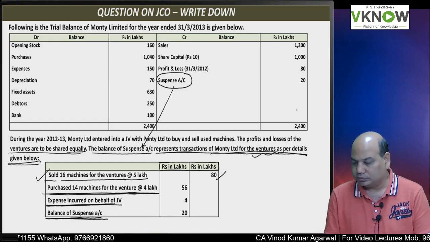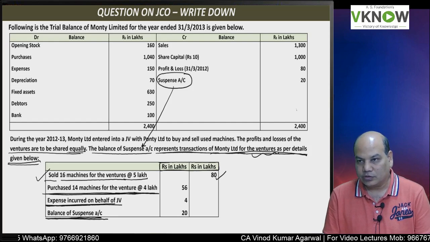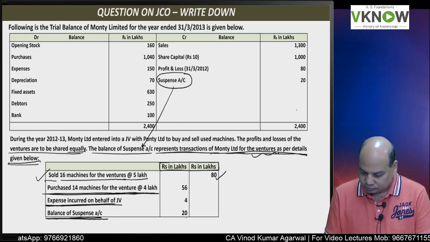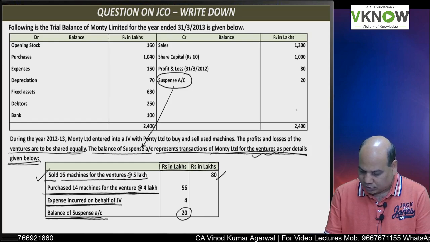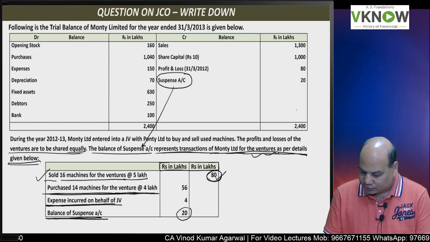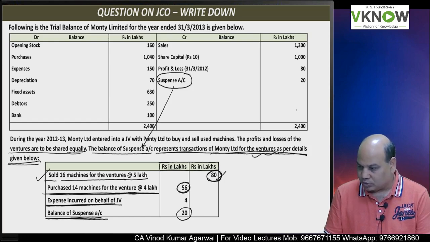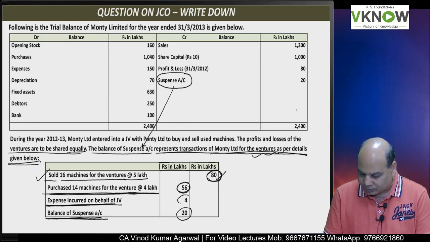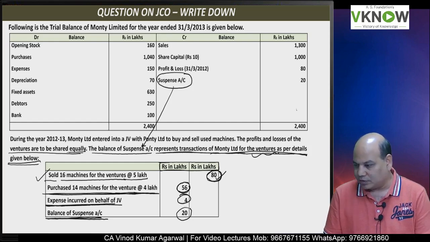suspense account 20. 80 is the amount received from sale, 56 is the amount paid for purchase, 4 is the expense incurred.